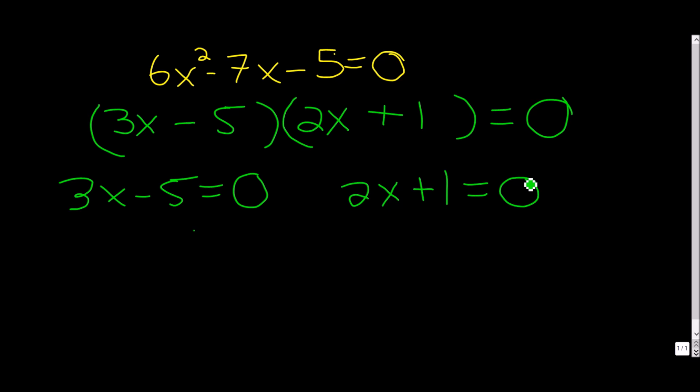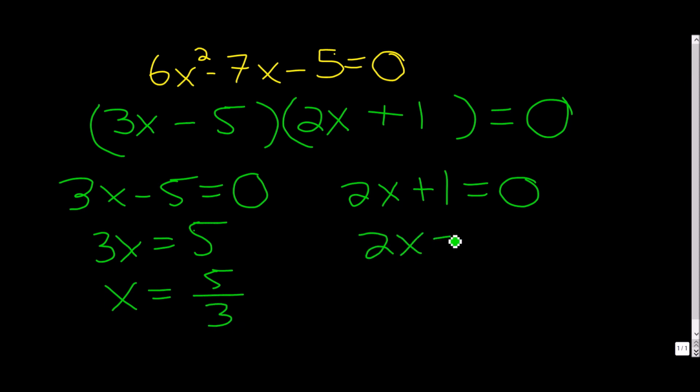So from this point, we're going to move over our constant terms. Okay, and then we're going to finally get x to equal 5/3. And we're going to get x to equal negative 1/2.